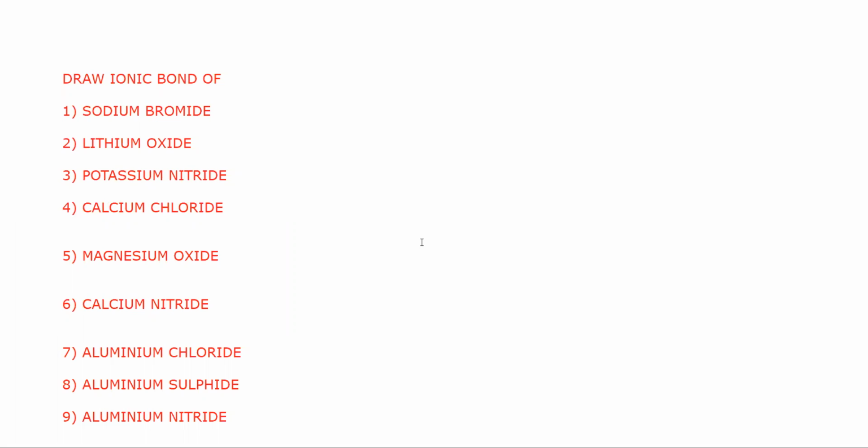So draw the ionic bond of sodium bromide, lithium oxide, potassium nitride, calcium chloride, magnesium oxide, calcium nitride, aluminum chloride, aluminum sulfide, and aluminum nitride.